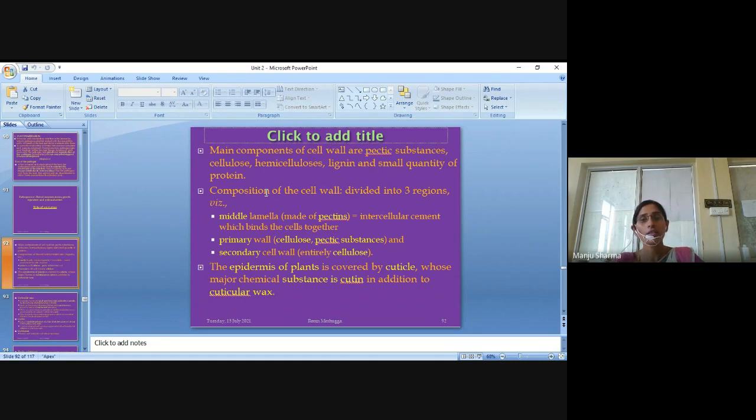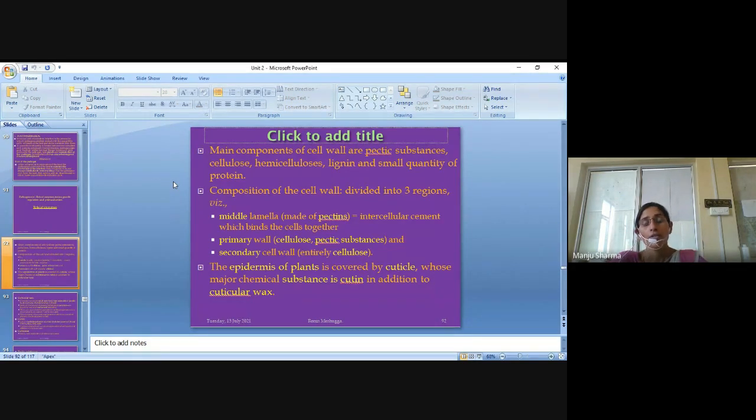These are the components by which the cell wall is made up. The composition of the cell wall is divided into three regions: middle lamella, primary wall, and secondary cell wall.